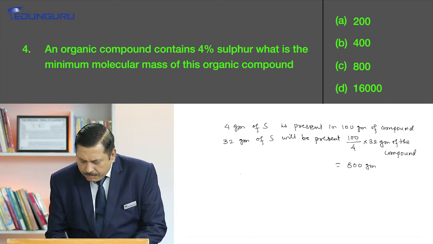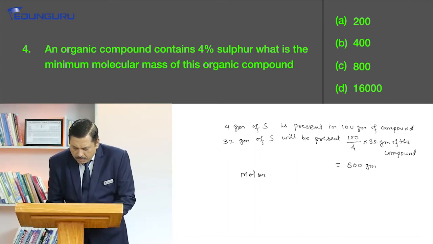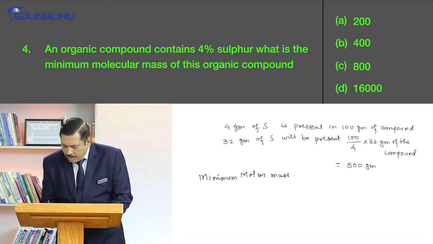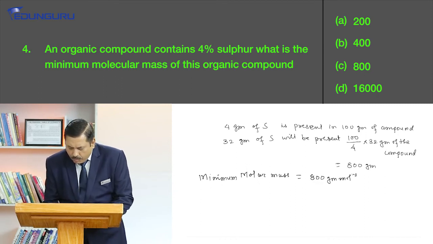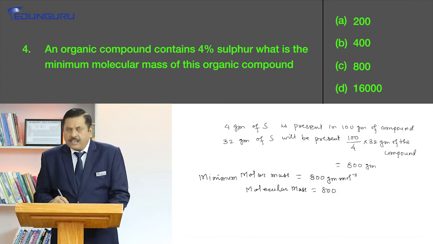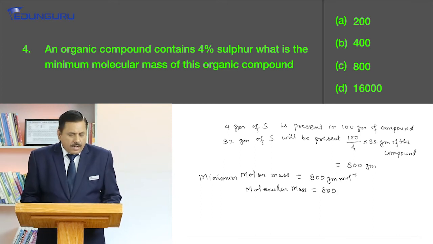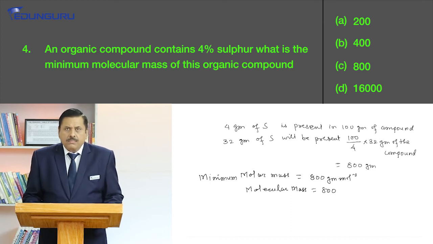So we can say the minimum molar mass is 800 gram per mole, and therefore the molecular mass is 800 u, and therefore the correct answer is option C.